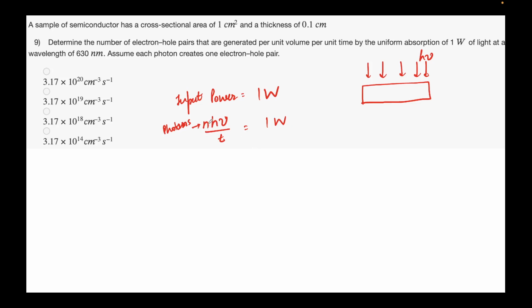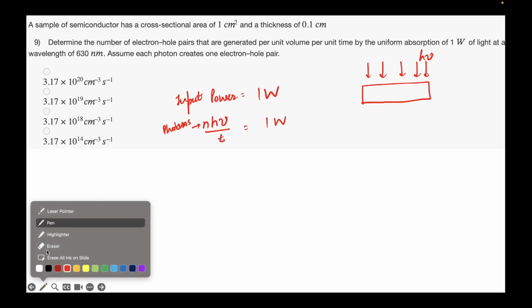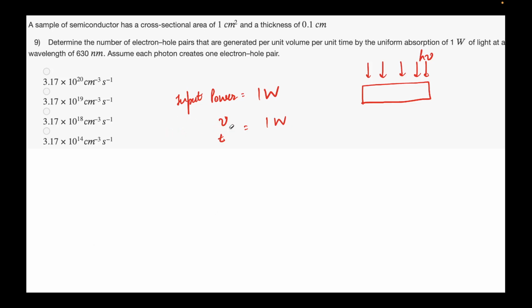Let me write it again. The input power can be n, the number of photons, times h nu, the energy of one photon, over time. This has been given as 1 watt.